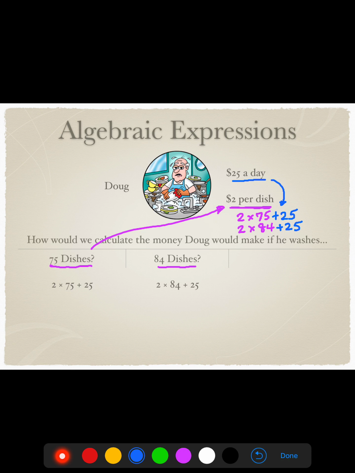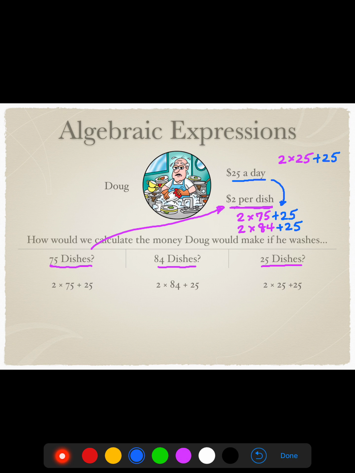Now finally, how much money would he make if he washes 25 dishes? Again, I'm going to look at the amount of dishes he washes, the amount earned per dish. I'm just going to write it up here. It's going to be 2 multiplied by the amount of dishes he washed. Now again, he earns money for doing his job, so we have to add the $25 because that always stays the same. So those are the 3 expressions.